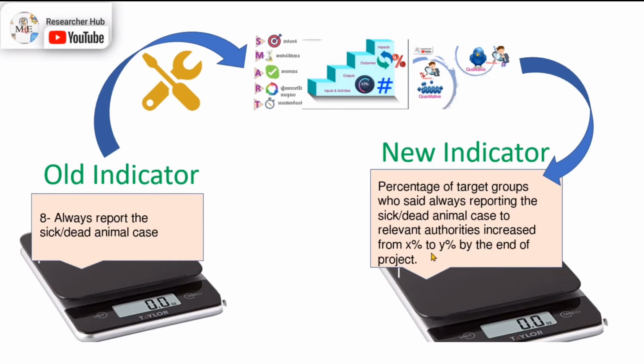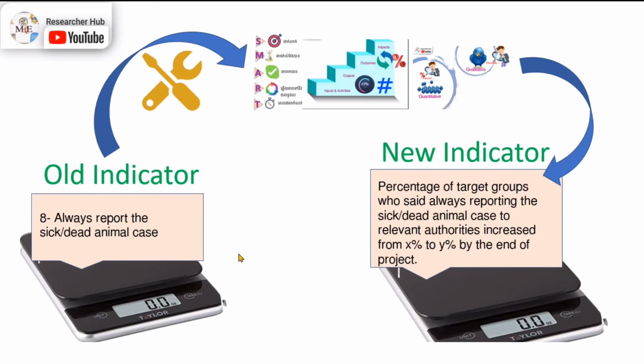Since this is an outcome indicator, percentage and word change, and add some words to be more specific. Target groups here, who reported, and also report to relevant authorities. So that makes it more specific.